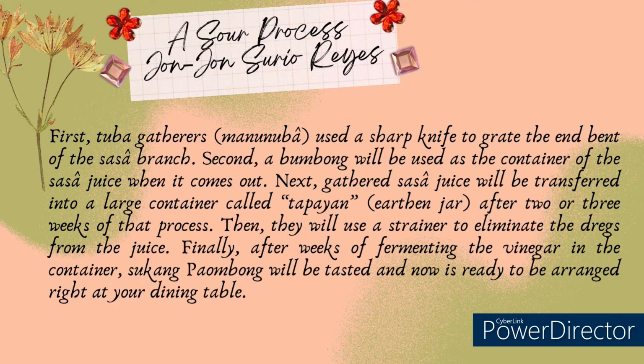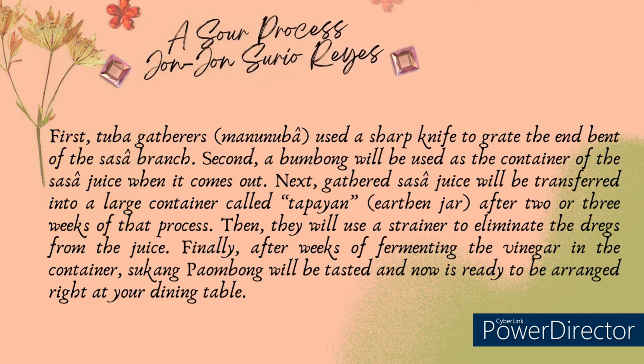After 2 or 3 weeks of that process, then they will use a strainer to eliminate the dregs from the juice. Finally, after weeks of fermenting the vinegar in the container, sukang Paombong will be tasted and now is ready to be arranged right at your dining table.